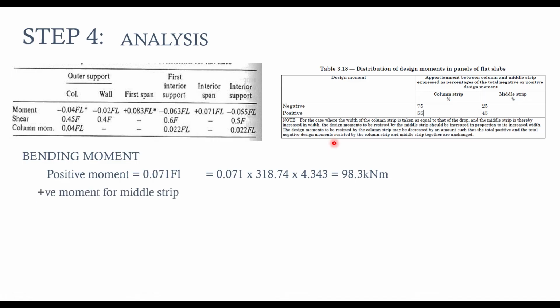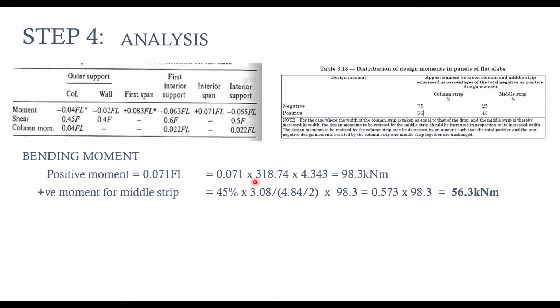Once we determine the positive moment, we now need to divide it into column strip and middle strip. For the middle strip, the positive moment will take 45% from this table. So that means 45% of the span of the middle strip.